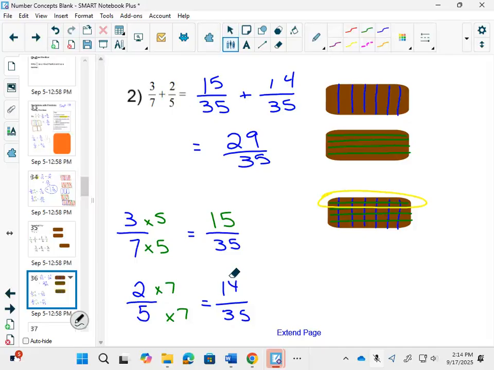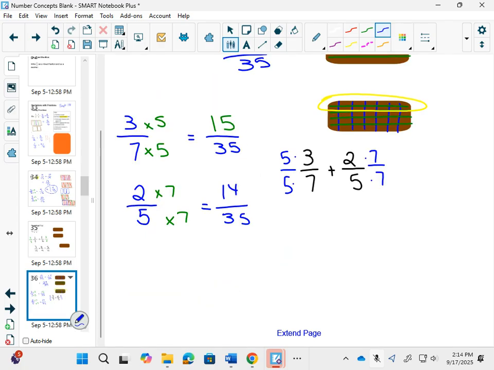So again, if I was starting this right from the beginning, I need my pieces to be the same size, and the 7ths and 5ths are not the same size. I go to my times table, I think about skip counting. This one needs to be multiplied by 7, this one by 5. This will be 35 on the bottom and 15 on top.